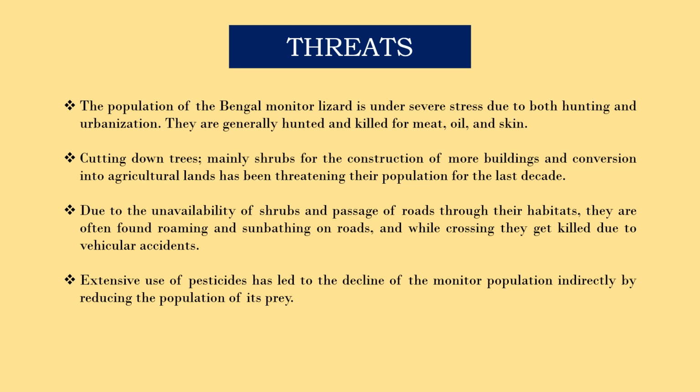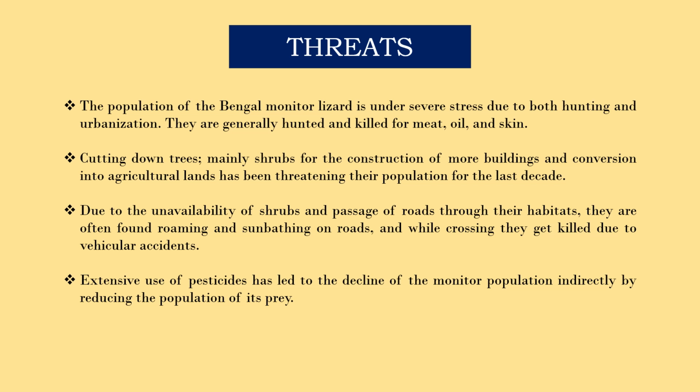So they are often found roaming and sunbathing on roads, which causes vehicular accidents. While they are crossing, they get killed in accidents involving vehicles, and this is the major cause for their population decline.